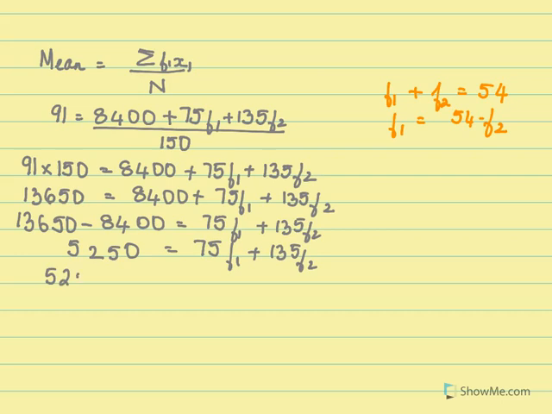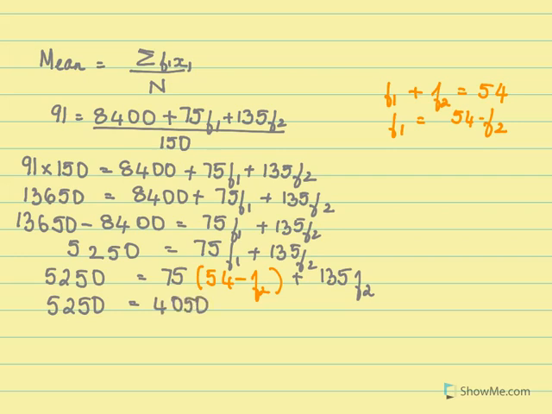We put these values here. So we have 5250 equal to 75, and for your F1, I am going to put 54 minus F2, and this is plus 135 F2. Now let's go ahead and solve this. 5250 equals 75 into 54, which is 4050, minus 75 F2, plus 135 F2.